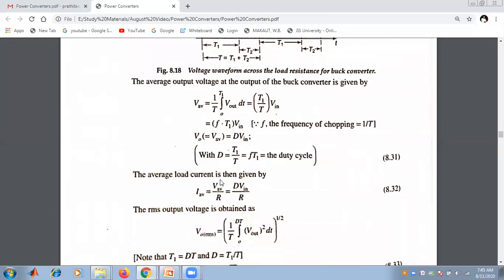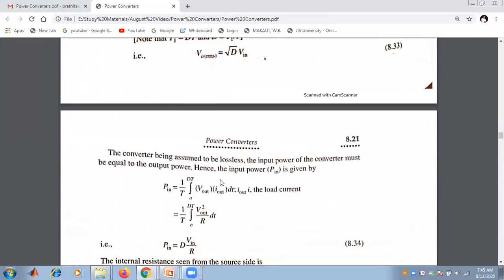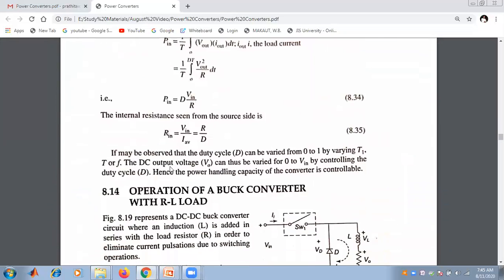The DC output voltage can also vary from 0 to V in by controlling the duty cycle.